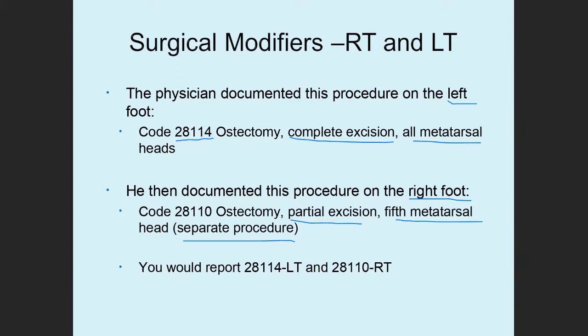So do 28114-LT and 28110-RT, and that will indicate that they are 2 different sites, and it is appropriate to report both of them, even though 28110 is a separate procedure. If you don't use the LT-RT, the insurance company will not pay for both. So that's, again, why these are so important.